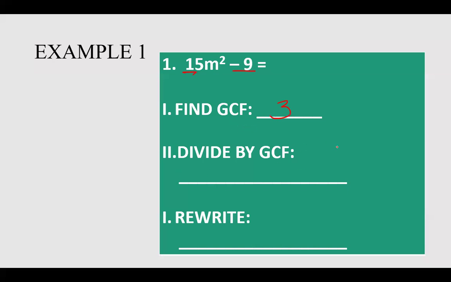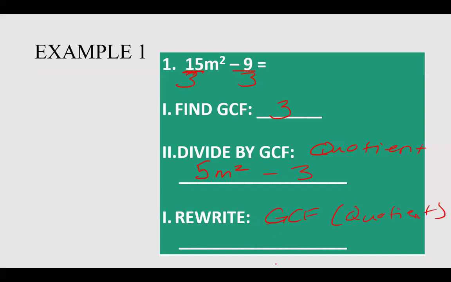When you divide, you're going to be left with what's called your quotient. So once you establish what the GCF is, you're going to divide each term by the GCF. 15 divided by 3 gives us 5, and we already have the m squared there. And 9 divided by 3 gives us 3. When you rewrite, your answer is always going to be your GCF times your quotient.